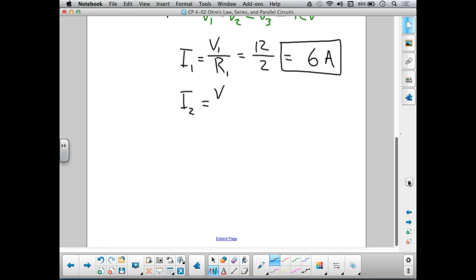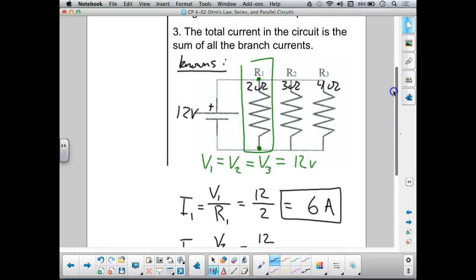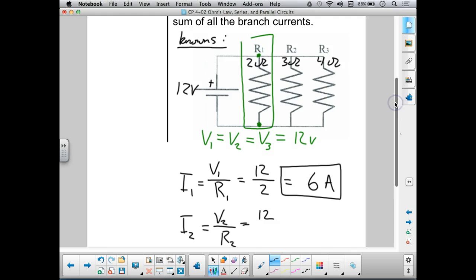Current through path 2 should be equal to the voltage across path 2 over the resistance of path 2. Once again, I can do Ohm's law for any part of a circuit that I want, either the whole circuit or any part or path through a circuit. So voltage across path 2 is also 12. Remember our statement that every path in a parallel circuit is connected directly to the battery.